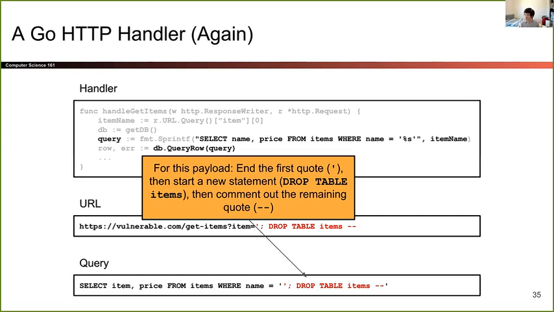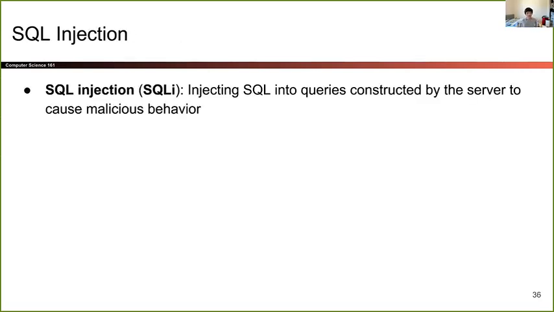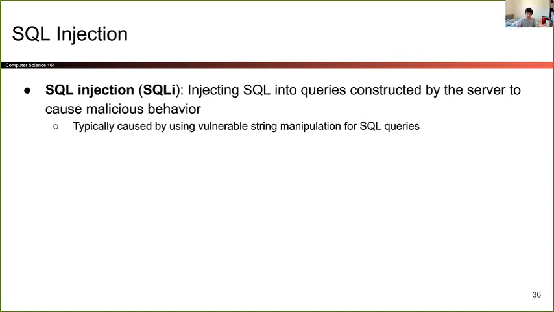But yeah. All right. So SQL injection is when we can inject SQL into queries constructed by the server that cause malicious behavior. Generally, this is because someone's trying to use string manipulation for SQL queries, and that string manipulation lets attackers just slot in their own syntax and have that parsed by the server.